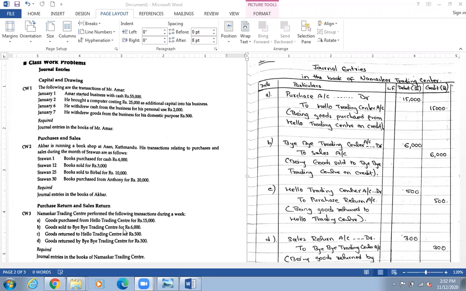Above it says 'book purchase for cash', so cash लेख्नु पर्ने हुन्छ. But here क्याश भनेर कतै लेखेको छैन, कम्पनीको नाम दिएको छ, means this is a credit transaction. So sales लाई मुनि लेख्ने, Bye Trading Center लाई चाहिँ माथि लेख्ने, that means debit मा लेख्ने.